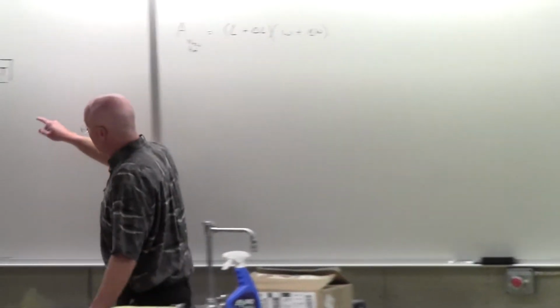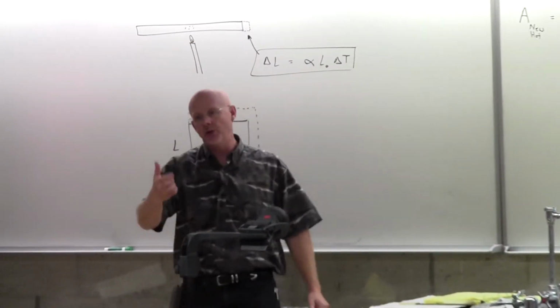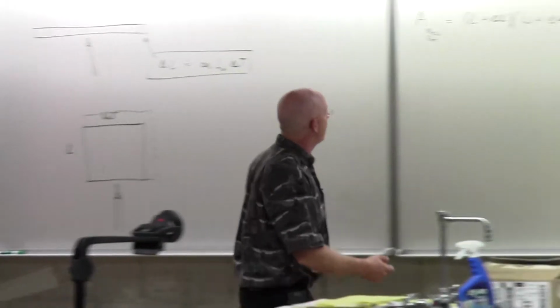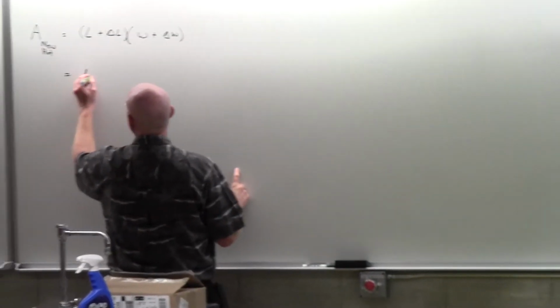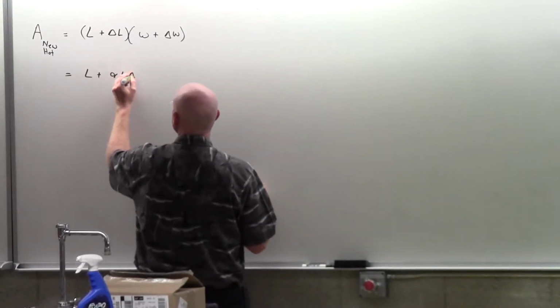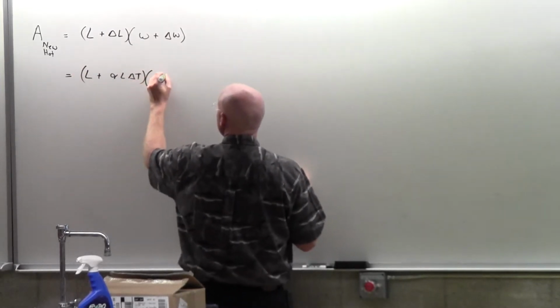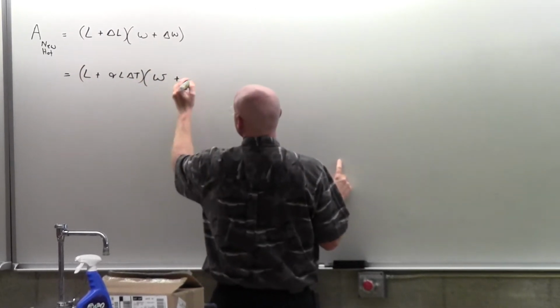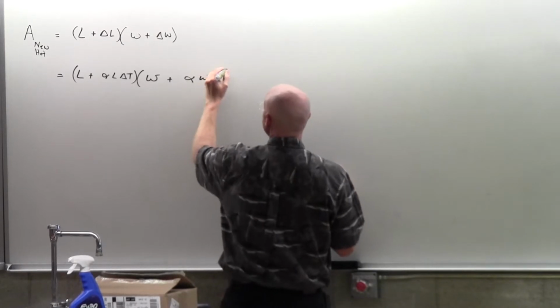And if we put this idea of linear expansion in here, but we do it twice, it actually is a fairly simple problem. We get L plus alpha L delta T here. Here we get width plus, and then I'll just put alpha with delta T there.